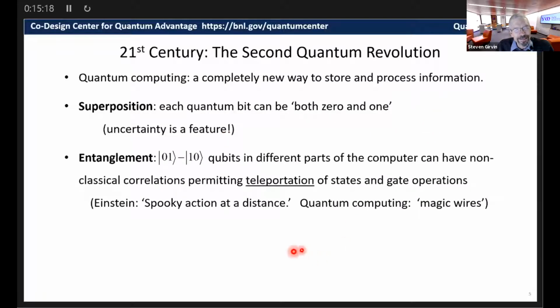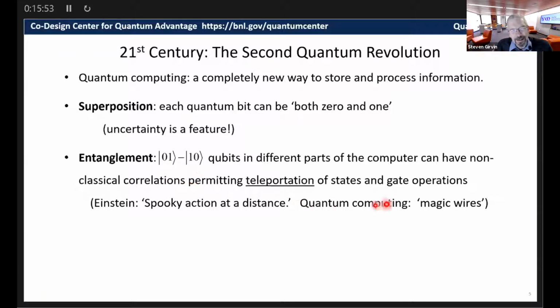There's entanglement, which is multi-qubit superposition. And entanglement leads to non-classical correlations between the states of distant qubits that are stronger than is permitted classically by things that have values before you measure them. And it allows very strange things like teleportation of states or gate operations to distant parts of the computer.